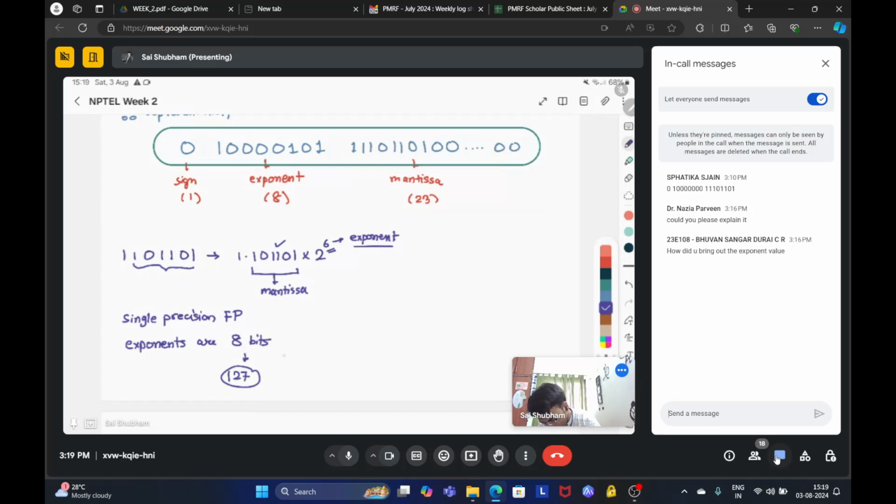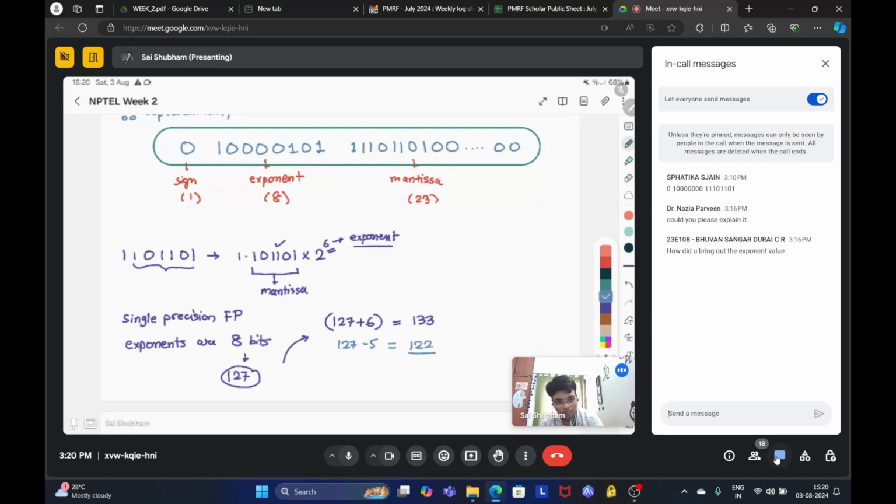So our exponent in this representation will be 127 plus 6, which will be 133. If a case appears where the exponent is minus 5, then the exponent in the representation will be 127 minus 5, which will be 122.